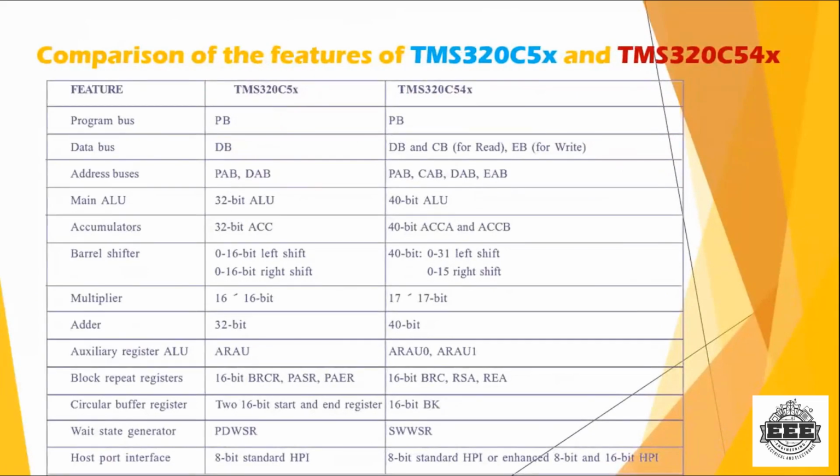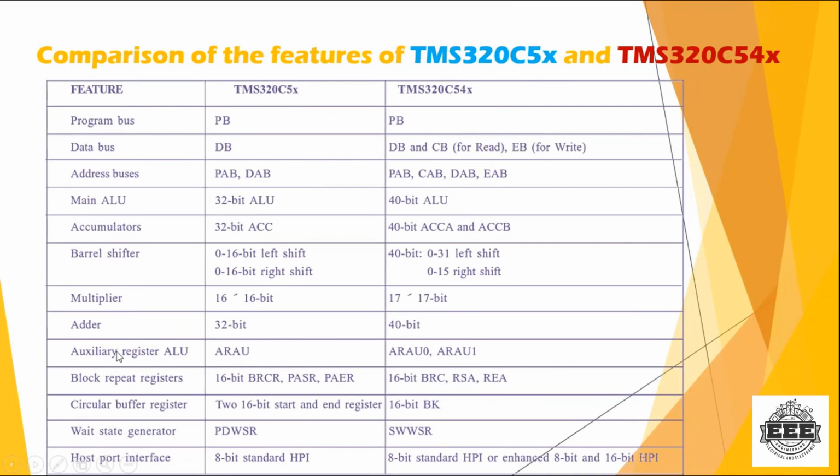Next, we are going to see a comparison of features of the TMS320C5x processor and the TMS320C54x processor. Now we are going to compare both processors according to their features.